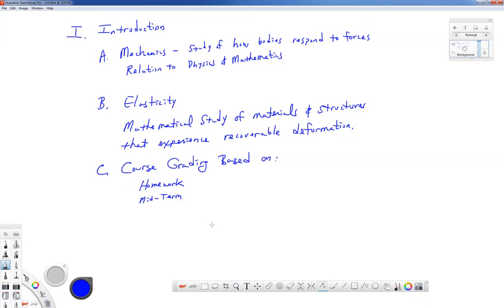The type of problems that we're going to work in this class are going to be relatively lengthy. It's a graduate class. I'm not going to give you a whole lot of homework, but the homework that I'm going to give you will tend to take a little bit of time to work through. Your understanding of that homework will greatly help you understand how everything works and understand everything that we're talking about in class.